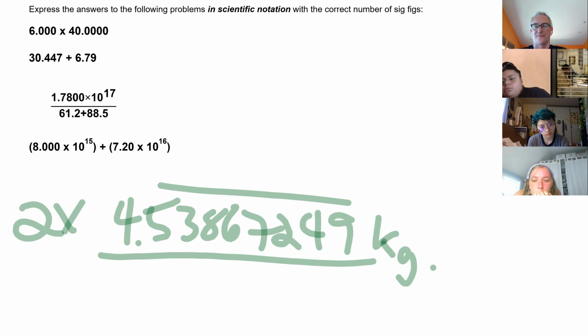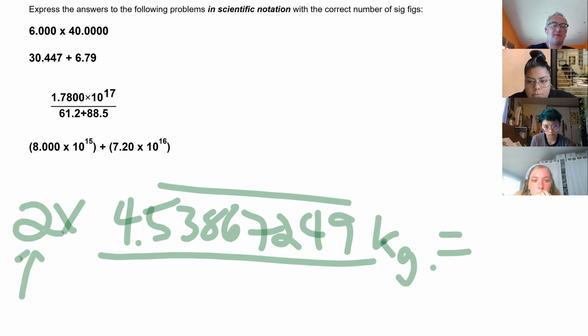Does that 2 mean two of them, right? Yep. How many kilograms would that be? Would that also have infinite significant figures? No. There's only one significant digit here. You said two, but two just means it's not 1 and it's not 3.